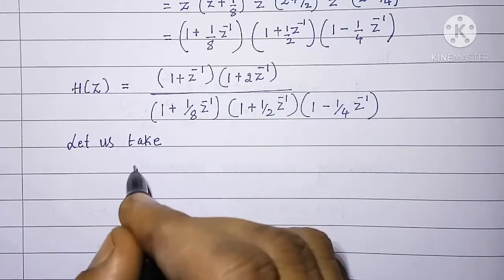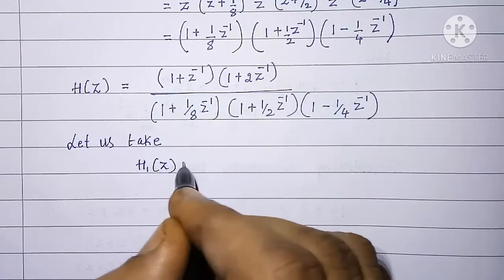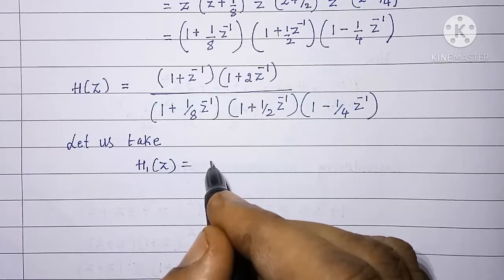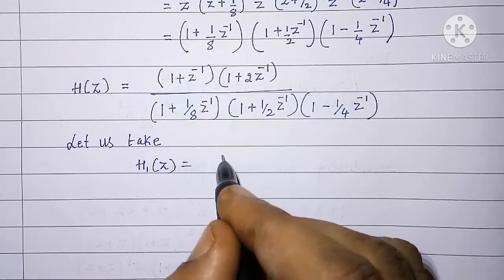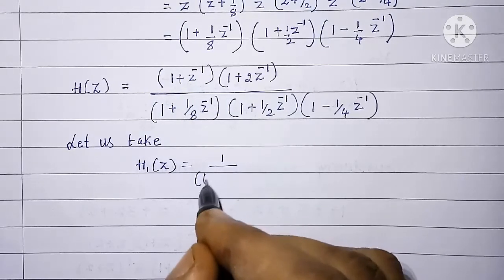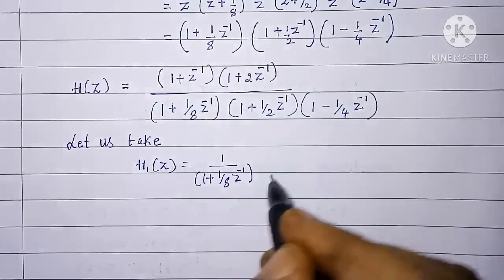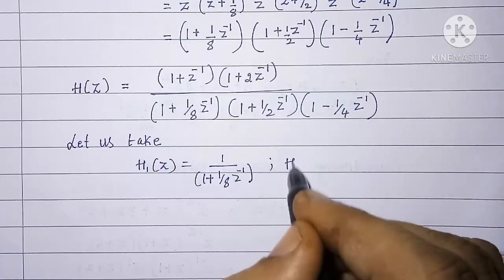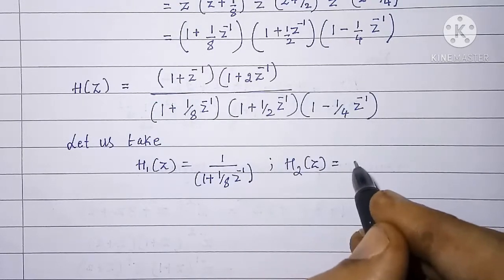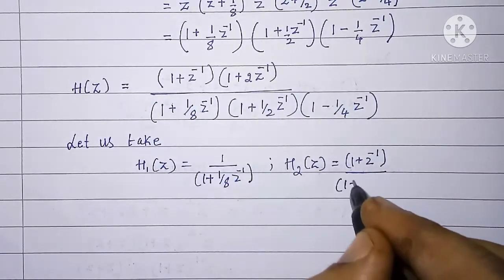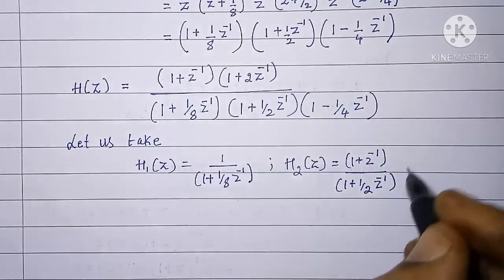Let us take h1 of z equal to one upon 1 plus 1 by 8 z raised to minus 1. h2 of z equal to 1 plus z raised to minus 1 upon 1 plus half z raised to minus 1.